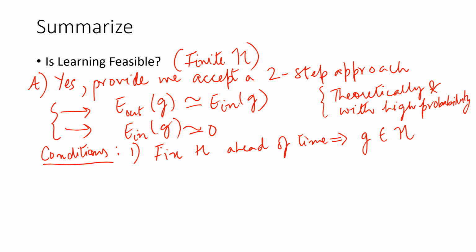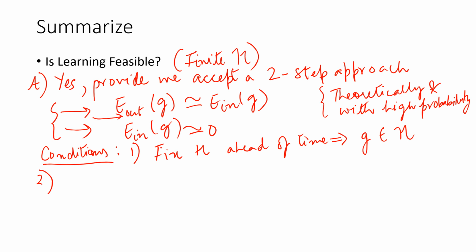Now, the second condition is that for step 1 to be true, the data should be independent and identically distributed according to some probability distribution. There is no constraint on which probability distribution it is going to be, but it should be random. That means IID.